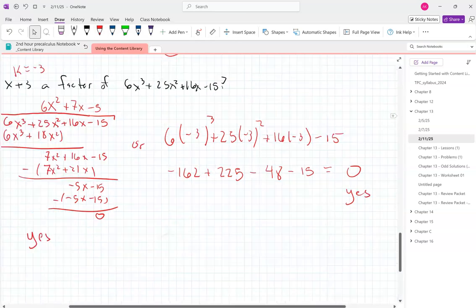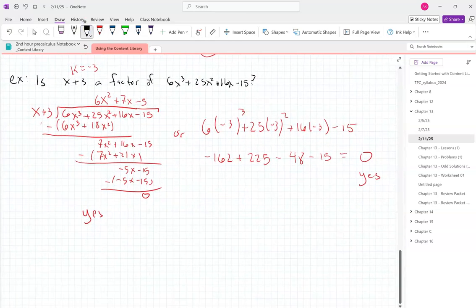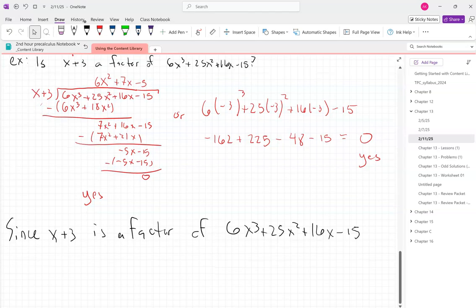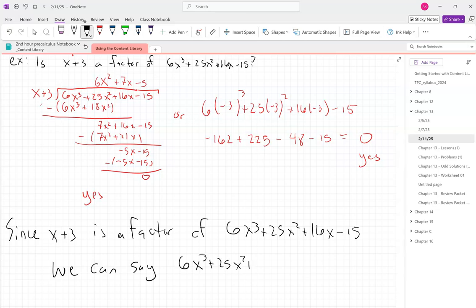Now, I should say since x plus 3 is a factor of 6x cubed plus 25x squared plus 16x minus 15, we can say 6x cubed plus 25x squared plus 16x minus 15 is going to equal x plus 3 times some other polynomial, right?